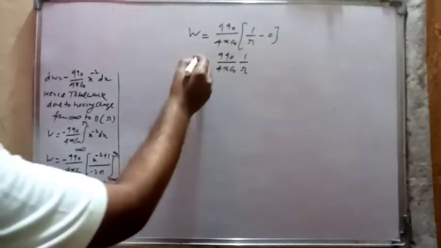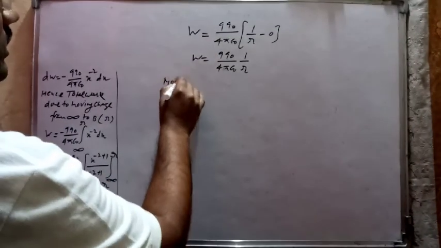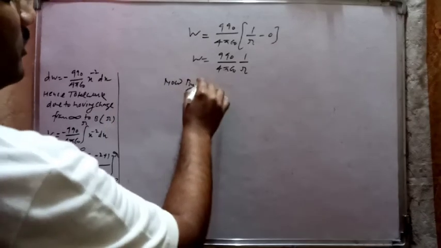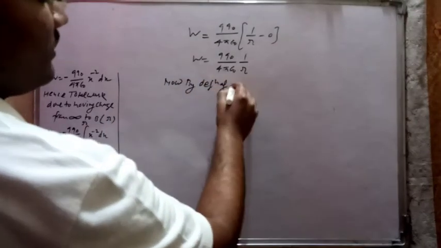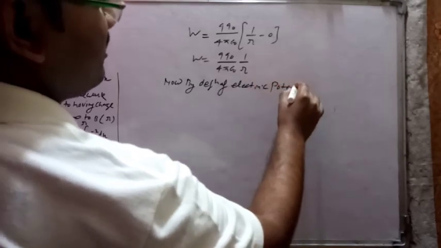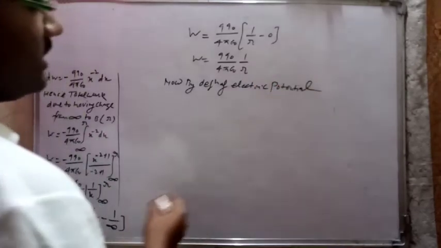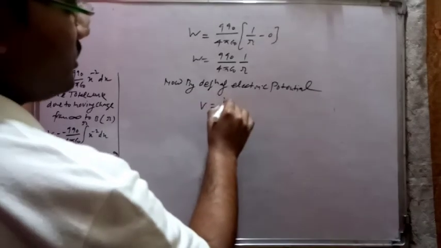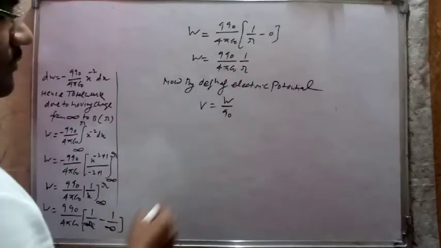Now by definition of electric potential, V is equal to W by Q naught.